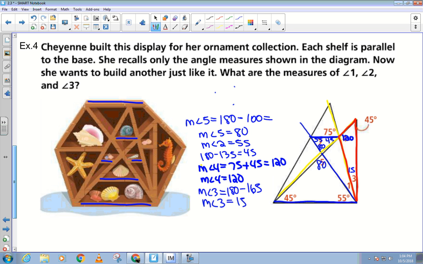Is it a right angle? Oh yeah, because that's a right angle. How do you know? I can't tell. Let's highlight it and see what happens. Let's look at this angle right here.